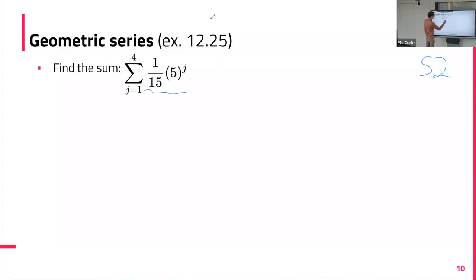Can we take this thing here and simplify this? Okay, so we can simplify this: 1 over 15, 5 to the exponent j, so 5 to the exponent j over 15. What can we do with the 15?